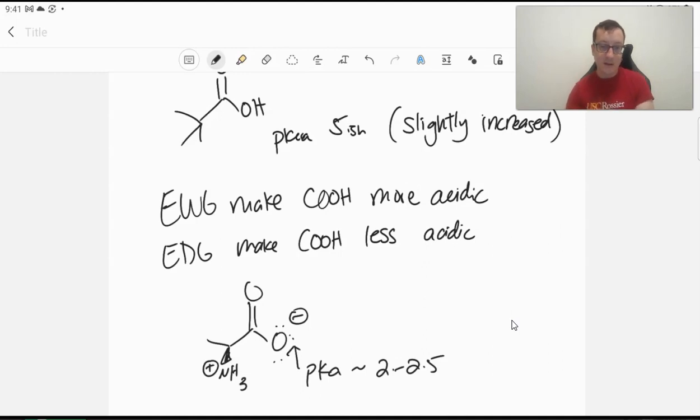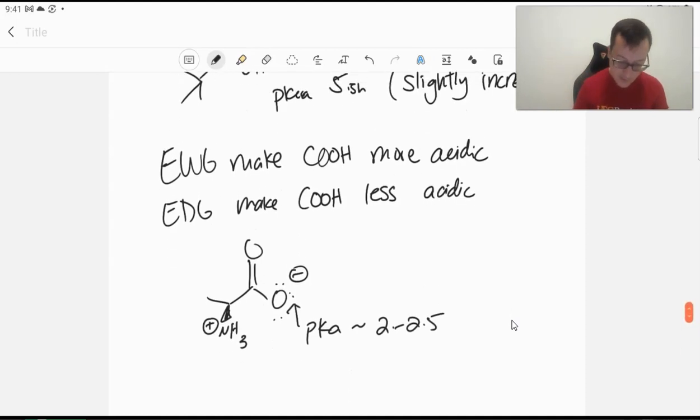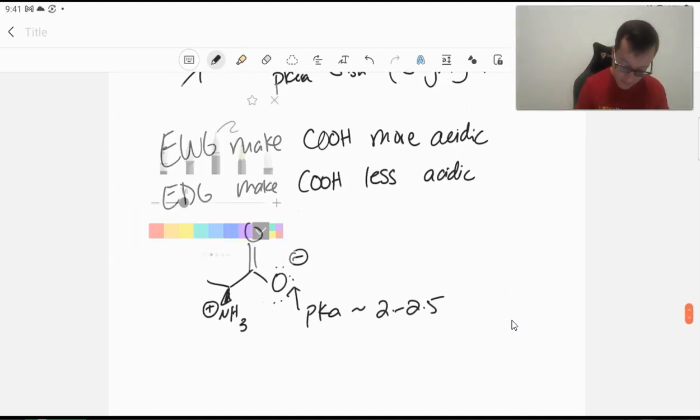On the other hand, your carboxylate will help stabilize your amine, so they both help each other out. It makes the amine more basic, and it makes the carboxylic acid more acidic. So it works both ways there. Cool. So that's just some acidity stuff. So that's kind of a review, right?